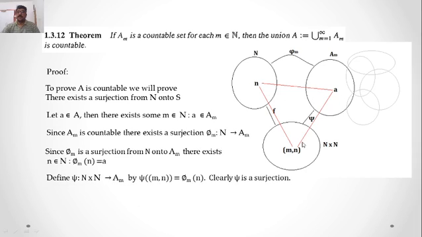Now define psi from N cross N to A by psi of (m, n) is equal to phi_m of n. We have an m here and an n also here, and (m, n) is mapped to this a, which is nothing but phi_m of n.